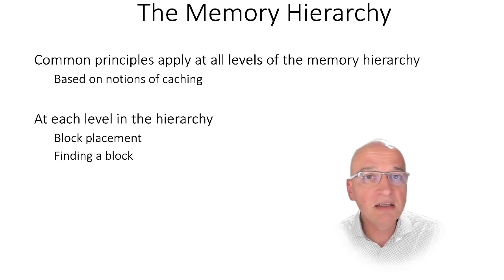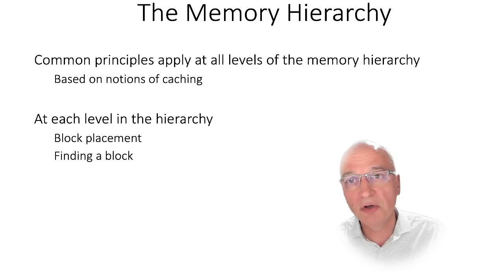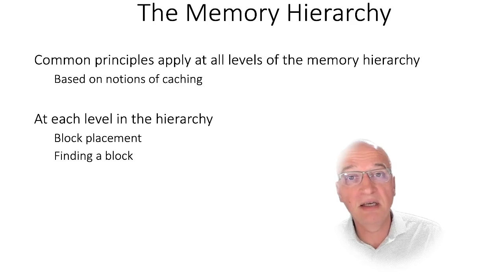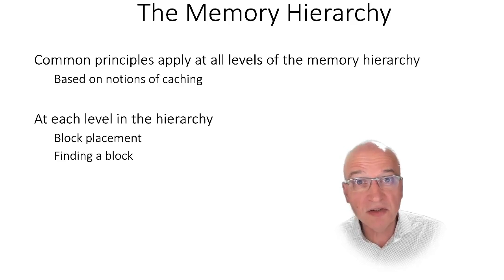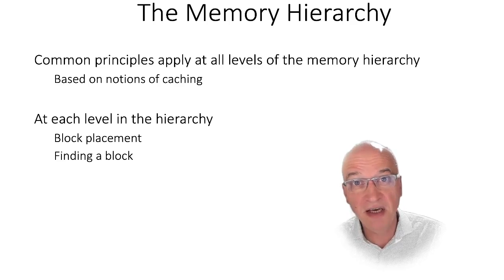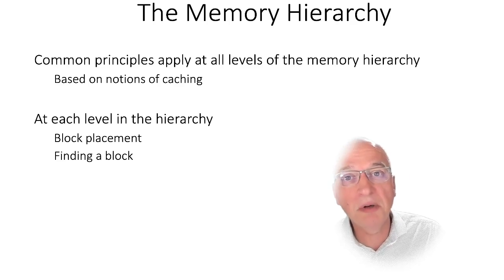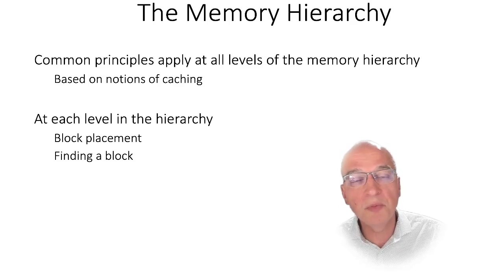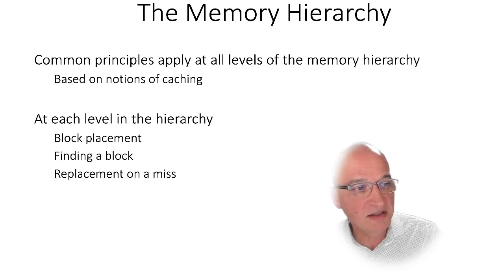If I have a direct mapped cache, I can just decode the index and find one location that's the only location that entry could be. If I have a set associative cache, I'm going to do a combination of those. I'm going to use an index to find the set, and then I'm going to have to iterate through the set, or I can do that in parallel as well, but I'm going to have to compare my tag with all the tags that are in the set.